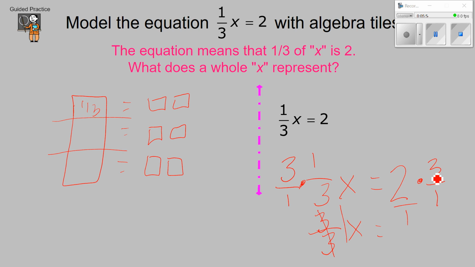So 2 times 3 is 6, and 1 times 1 is 1. So we know that x equals 6. So what was happening here, we were just multiplying x by 1/3. And if x is 6, 1/3 of 6 is 2, which is where you get this 1/3 is 2.